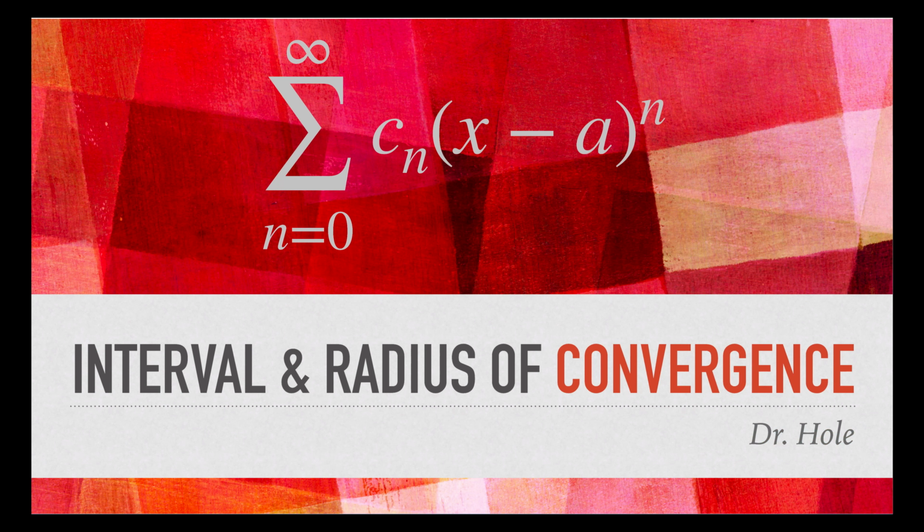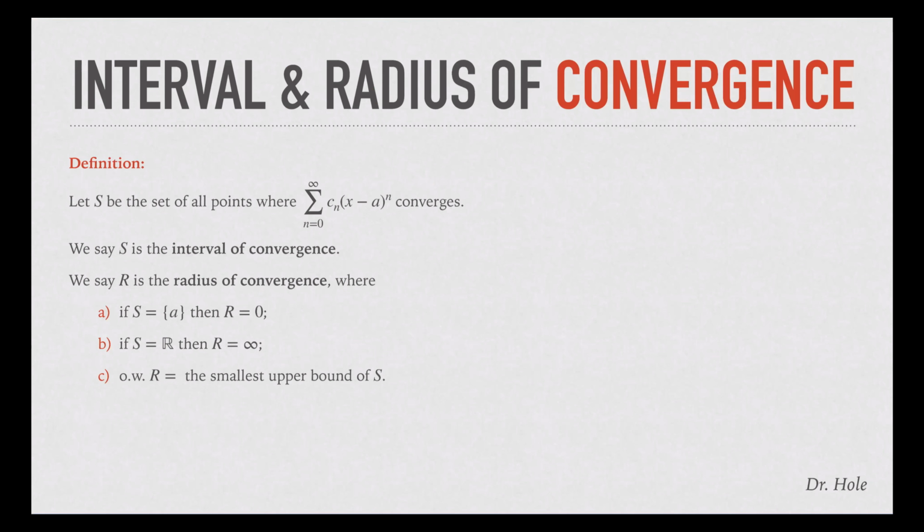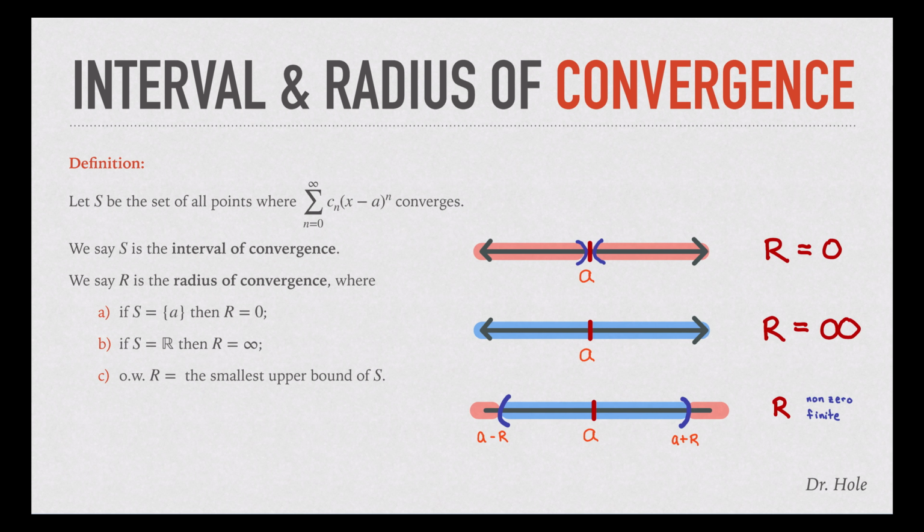Let's use these notions to make definitions for an interval and radius of convergence. So here we're making a definition for interval of convergence and radius of convergence. Let's bring back those three interval pictures. On the first one, the amount that we can stray away from the center is 0.